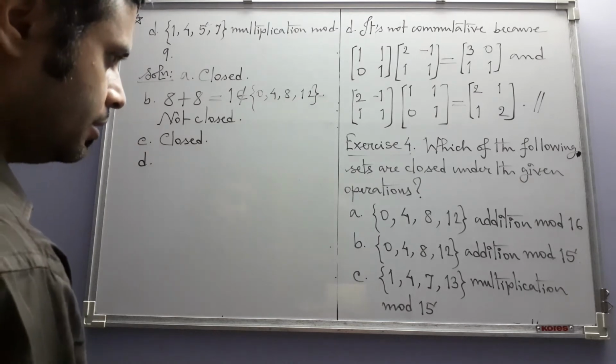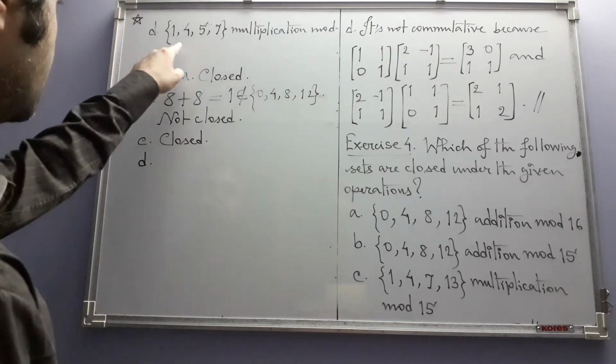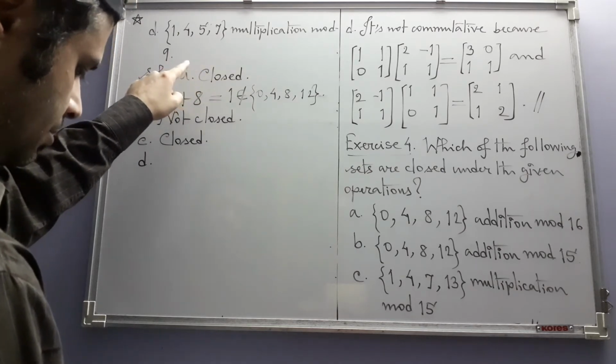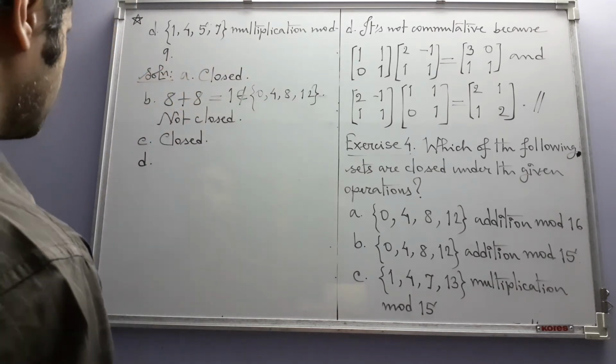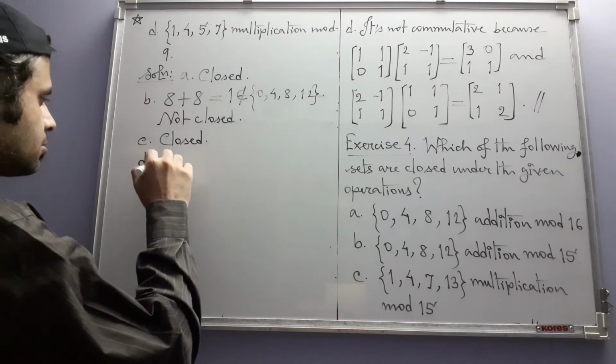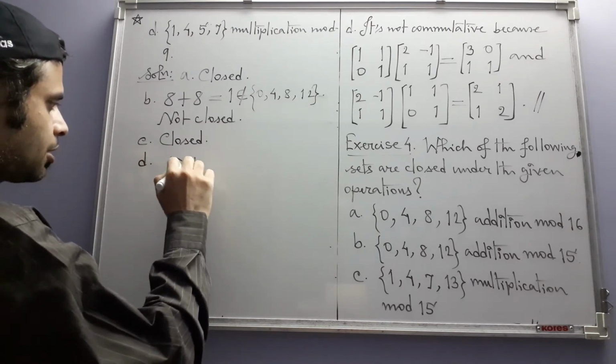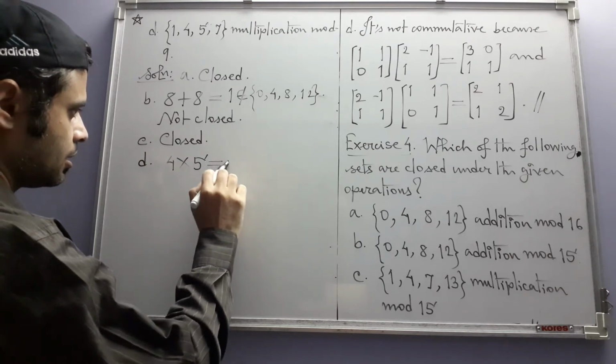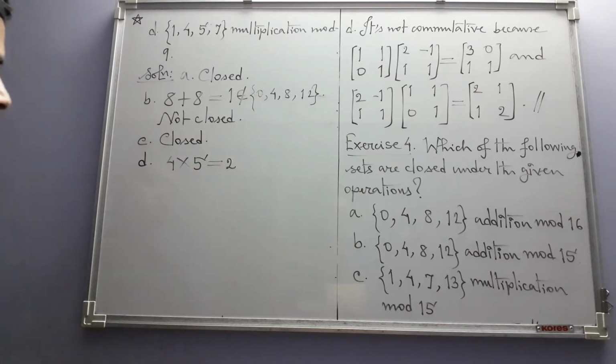Then part D, this set under multiplication mod 9. Okay, this again is not closed because if you perform this product, then the result is 2. 4 times 5 is actually equal to 20. 20 minus 2 is 18, which is divisible by 9.